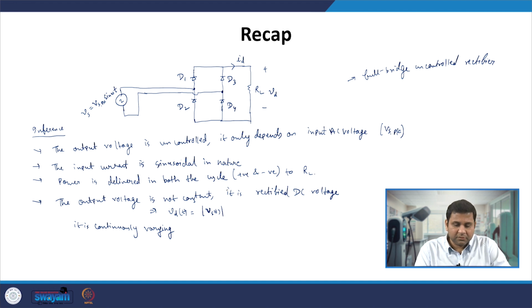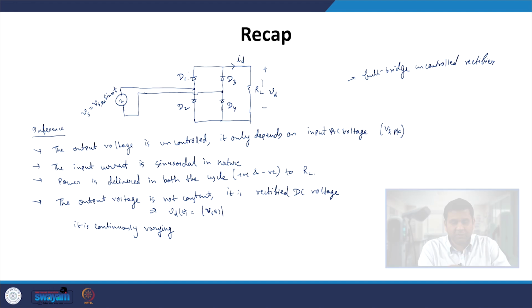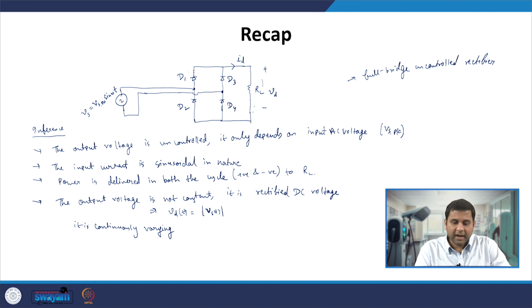We have also seen that since this rectifier is supplying a resistive load, the input current is sinusoidal in nature. In the positive half cycle D1 and D4 were conducting, and in the negative half cycle D2 and D3 conduct. In both half cycles power can be delivered to the output resistive load, so current is drawn from the AC source in both cycles.